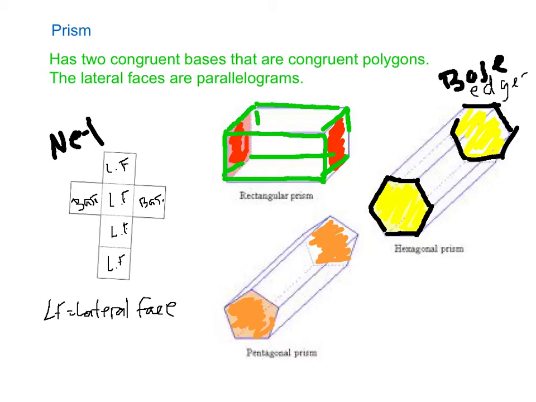The edges that are not the base are going to be the lateral edges. So looking again at the hexagonal prism, this here is a lateral edge, another lateral edge, back here would be one, and back here would be one. So those are the lateral edges.